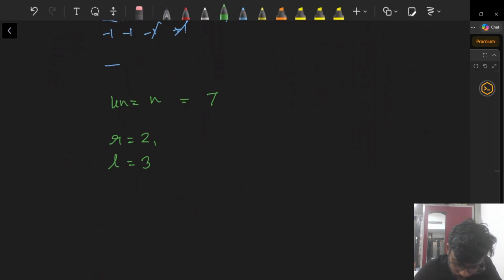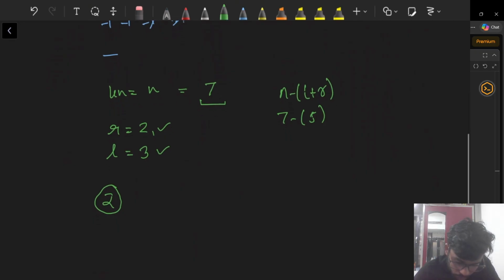There will be 7 places, out of which 2 are occupied with R, 3 are occupied with L. So how many places are remaining? It will be N minus L plus R, 7 minus 5, so 2. 2 places are remaining. We can either change them into L or R, and we will change them to the character which has the most frequency. So we have got the frequency as 3, so we will change these 2 to L.